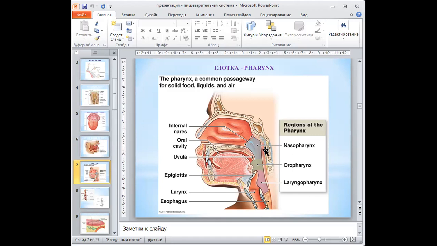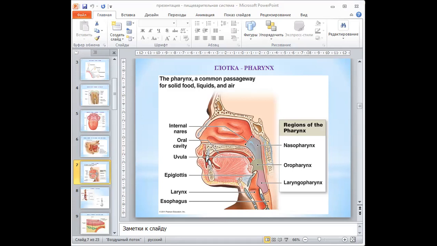The mucosa of the nasopharynx is covered with ciliated epithelium, and the mucosa of the stomatopharynx and the laryngopharynx are covered by stratified squamous epithelium. The pharynx is connected to the bone by means of muscles, such as the palatopharyngeal muscle. Pharynx functions: breathing, swallowing, speech formation, and protective function.